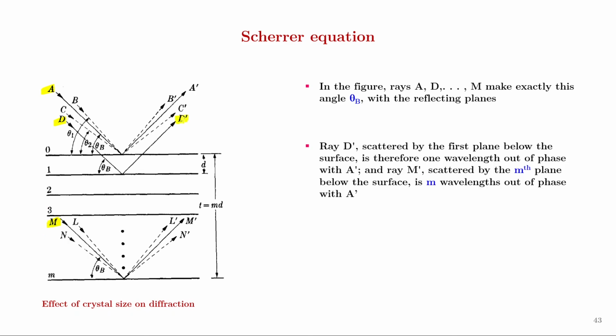Ray D dash scattered by the first plane below the surface is therefore one wavelength out of phase with A dash, and ray M dash scattered by the mth plane below the surface is m wavelengths out of phase with A dash.